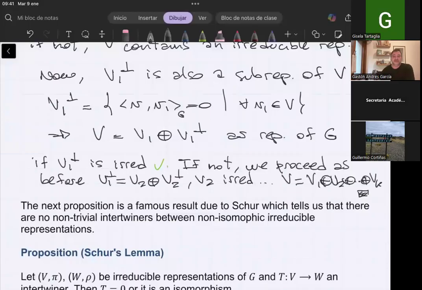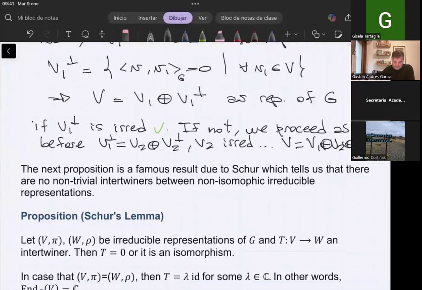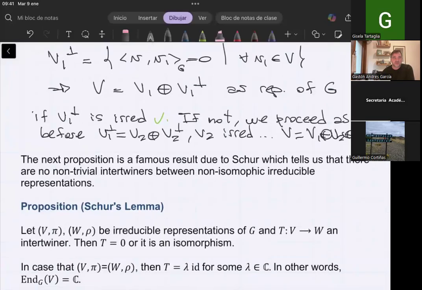And everything stops because we are working with finite dimensional vector spaces. If they're not finite dimensional, then we have some issues. We can work with Zorn's lemma and things like that, but there are problems. So this works for finite dimensional representations. Every finite dimensional representation is called completely reducible, which means that we can decompose it as a sum of irreducible ones.